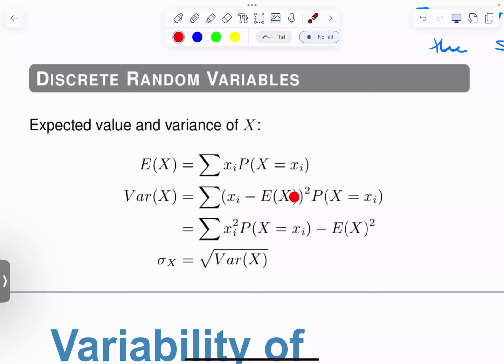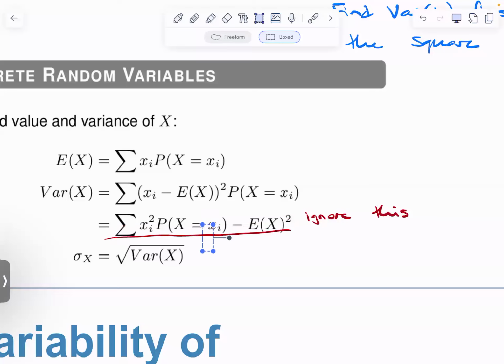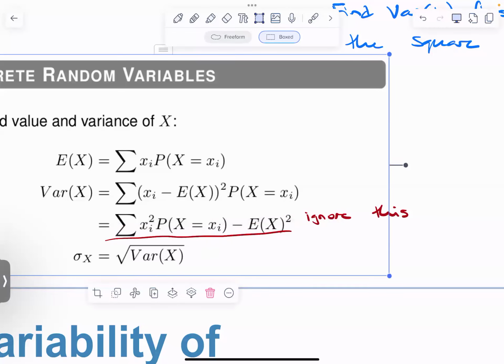Then you square it to get rid of any negatives, and then you multiply it by the probabilities, and then you add them all up. This is an alternative way of writing this formula that I don't use. So you can ignore this. I guess I shouldn't have put a line through it before I talked about it. I'll move the line though.